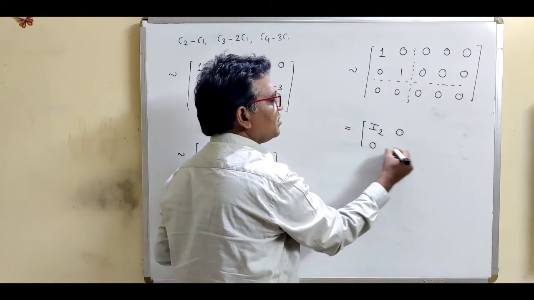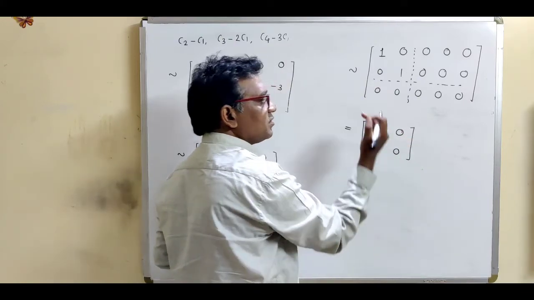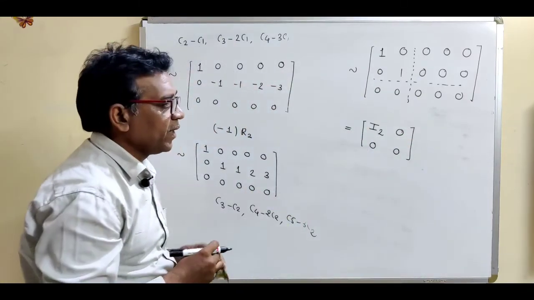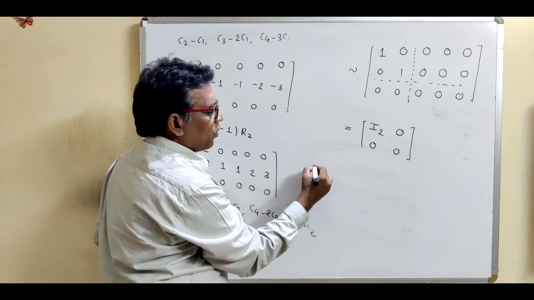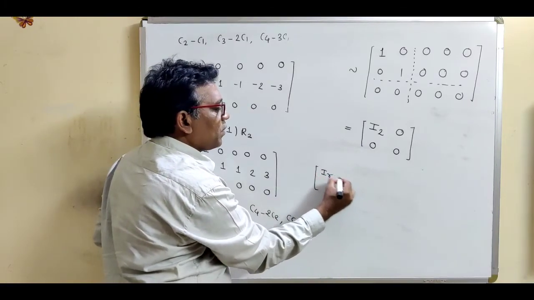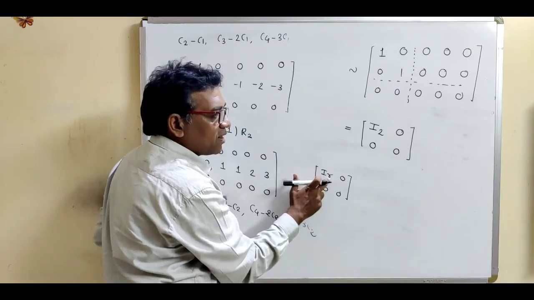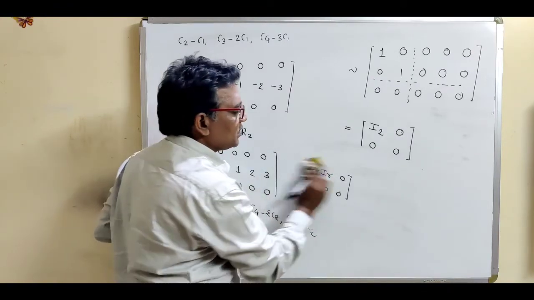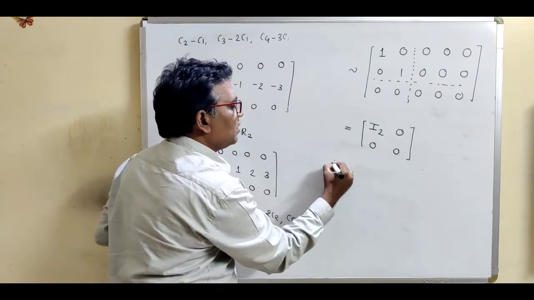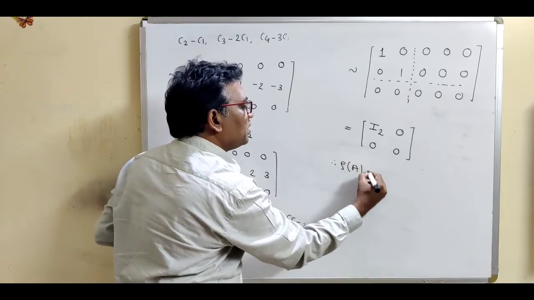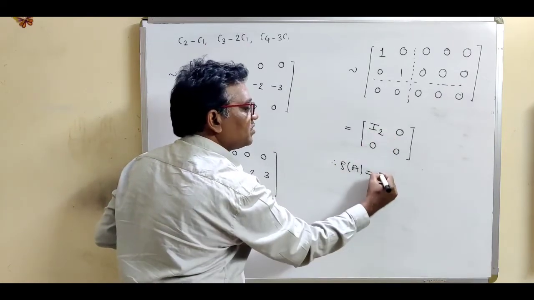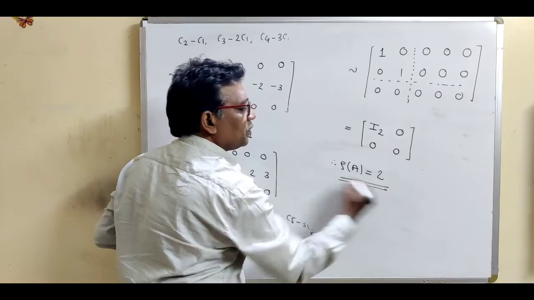The third section contains the 0 element. The fourth section contains again the 0 element. So this is the fourth type of normal form, the standard normal form matrix [IR 0; 0 0]. What does this element represent? This element represents the rank of the matrix. Therefore, the rank of the given matrix is equal to 2.